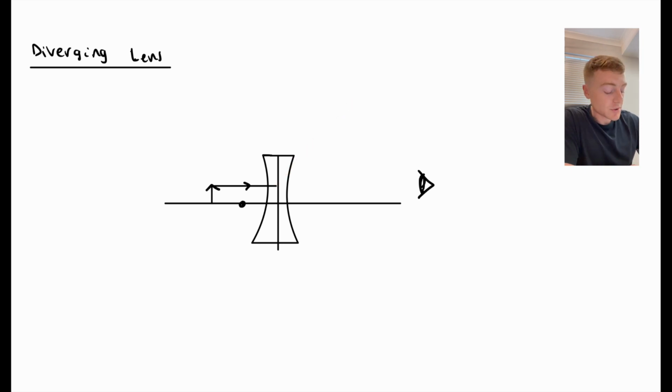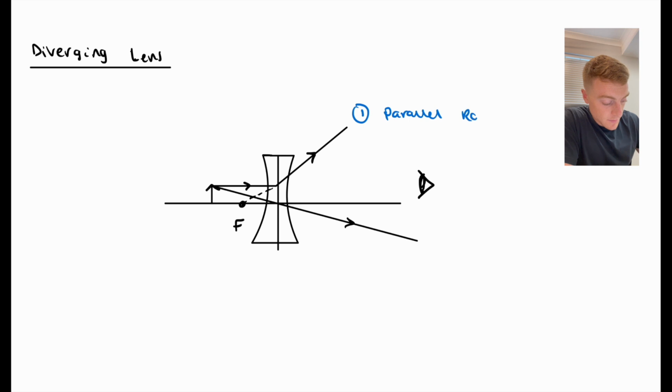But the way to know which direction it diverges in is we trace back from the focal point and then we draw our ray like that. Okay, and then again we draw a central ray that goes through completely unrefracted. So again, we've got the same two rays. We've got our parallel ray and we've also got our central ray.